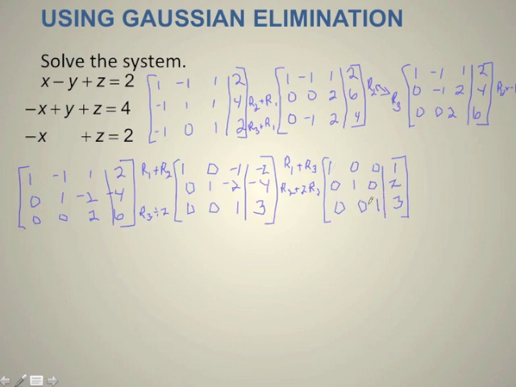So I have my diagonal matrix, my reduced echelon matrix, and I can find out that x is 1, y is 2, z is 3. And that ordered triple is my solution to the system of equations.